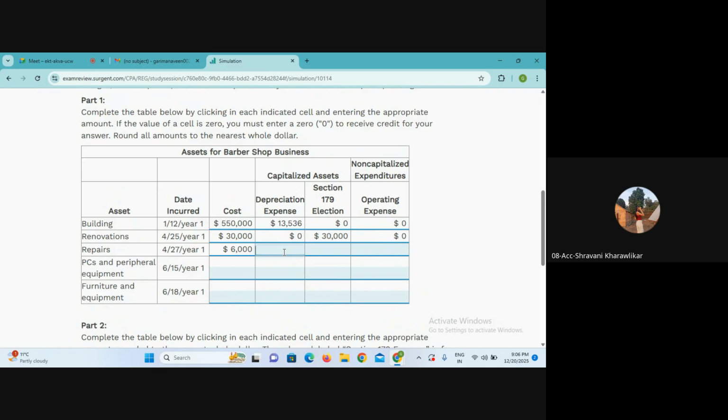Ma'am, non-capitalized. यस, सो दैट मीन्स ये आपका एक्सपेंसेस में चला जाएगा। और कैपिटलाइज तो करते नहीं, तो फिर आप कोई डेप्रिसिएशन या 179 क्लेम भी नहीं होगा। Got it, ma'am.